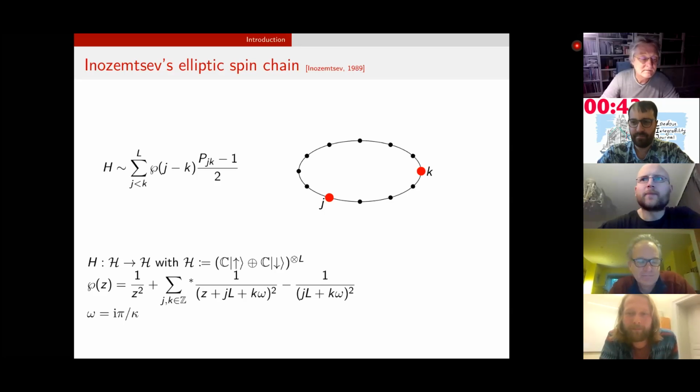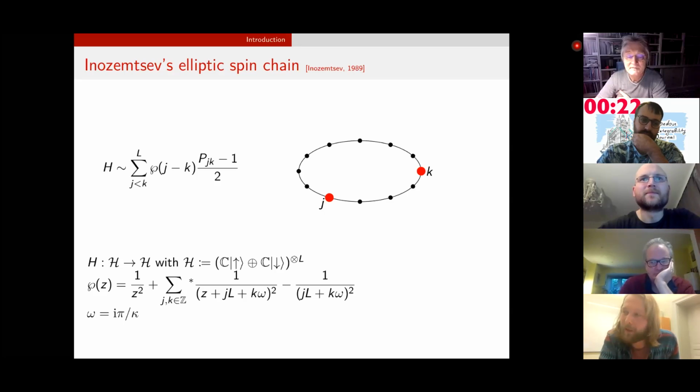Hi, Rob. Do you have a Lax formalism for these R matrices for all of your chain? Which R matrices do you mean? I mean in the context of algebraic Bethe ansatz, not coordinate. Yeah, this is a great question. So there is no R matrix. There is no algebraic Bethe ansatz for this model. You could say there should be some.